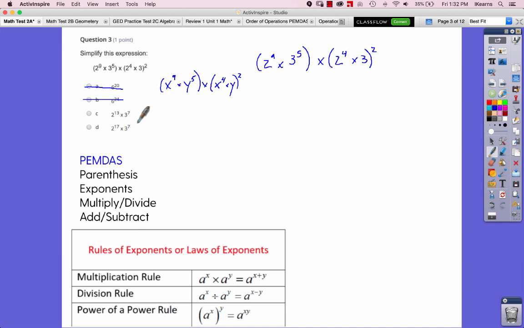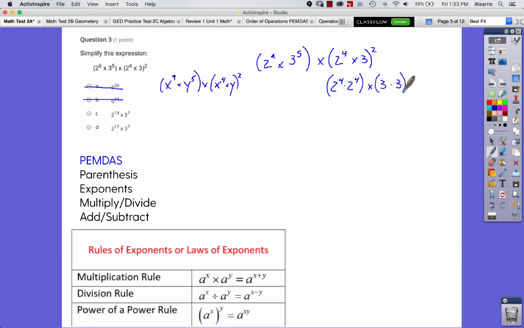Now we just need to figure out how we can combine the 2's and how we can combine the 3's. We will follow PEMDAS down here. So let's tackle these exponents that are affecting the parentheses first. What's happening here is this is effectively 2 to the 4th times 2 to the 4th, and then times 3 times 3.